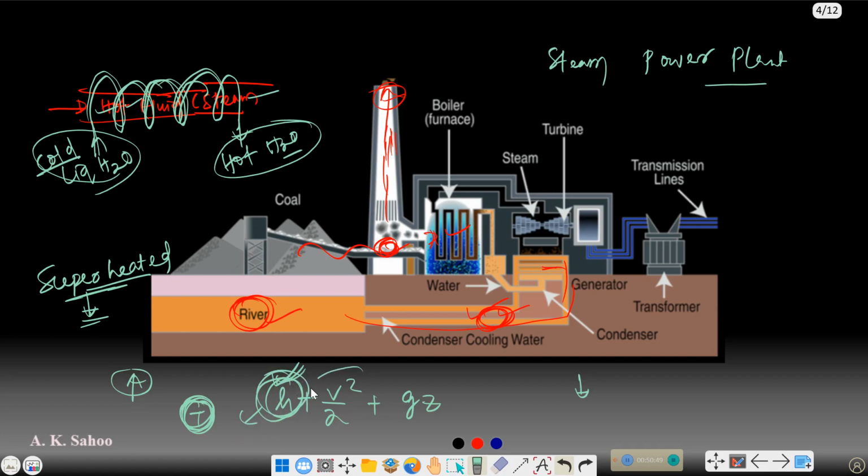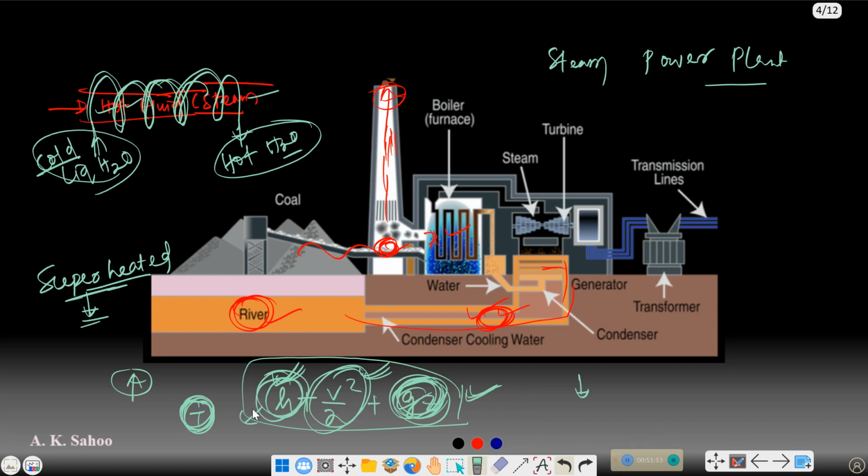Right? And if we increase the velocity, then the kinetic energy also will be maximum, and the potential energy also, we can say. So this sum of energy will be there with the flow, with the working fluid. We may neglect the potential energy, but right now we are not going to discuss this in detail.